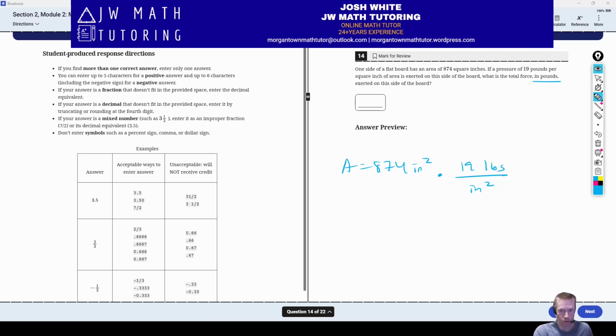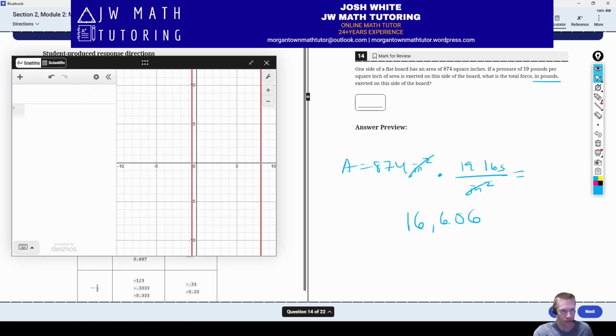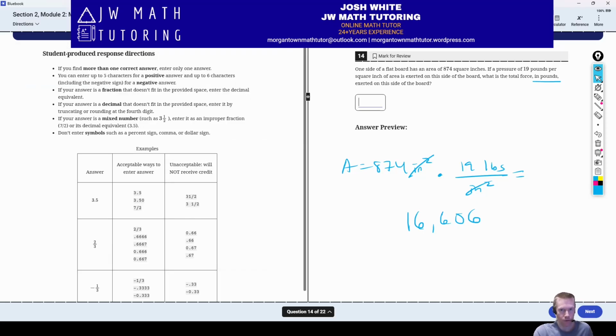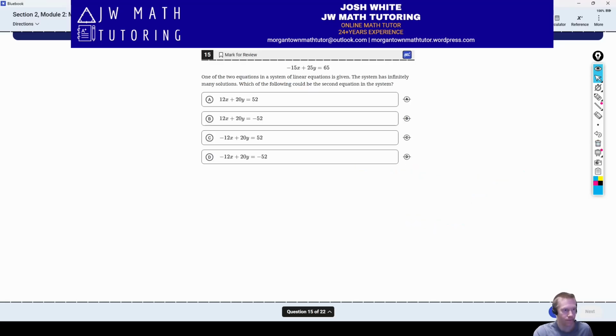Notice if you multiply these two numbers, the square inches will cancel out, and you'll just be left with pounds. And that's all you have to do on this one. It should be 16,606. Let's just go to Desmos to confirm. Yep, there it is, 16,606. That's what we're going to type in. And there's nothing more to do for that problem.